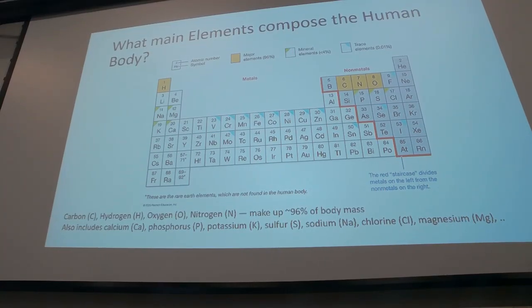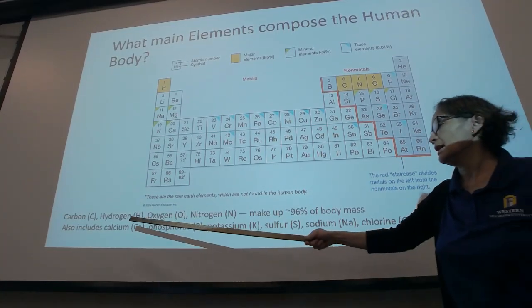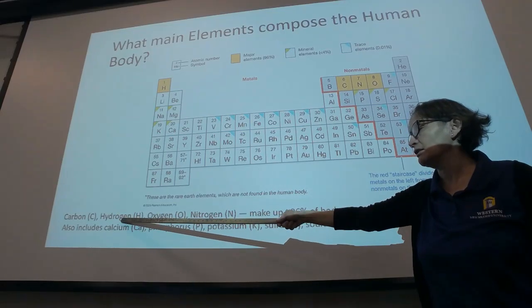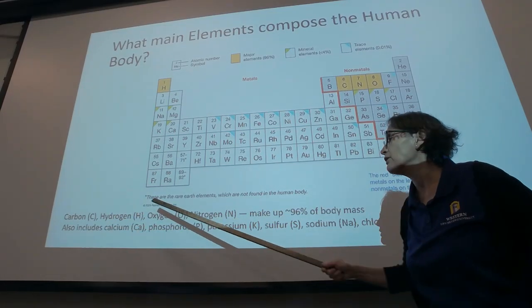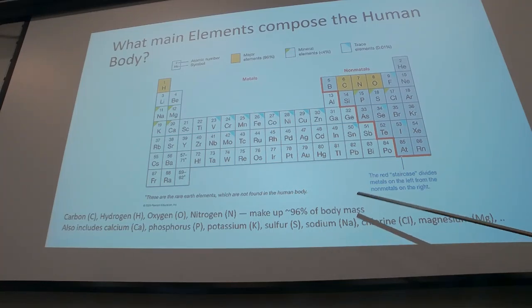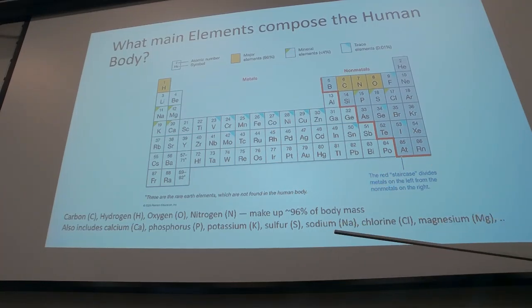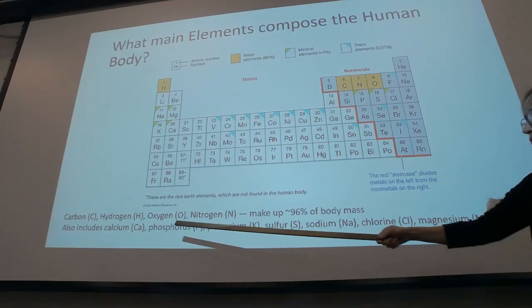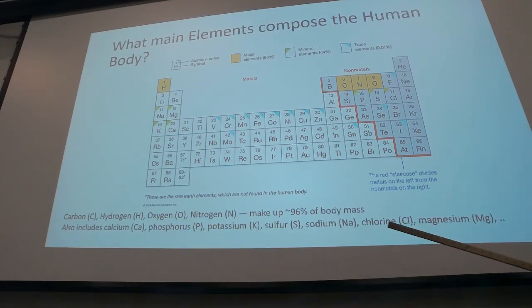But the main ones for us, that we see a lot in the different components of the cells, will be carbon, hydrogen, oxygen, nitrogen, and then phosphorus. In our bones, we have, of course, a lot of calcium. We also have magnesium.